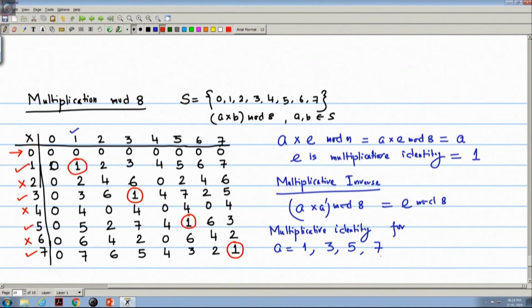So, for A equal to 1, 3, 5, 7 I am getting it, and we do not get multiplicative identity for A equal to 2, 4, 6.